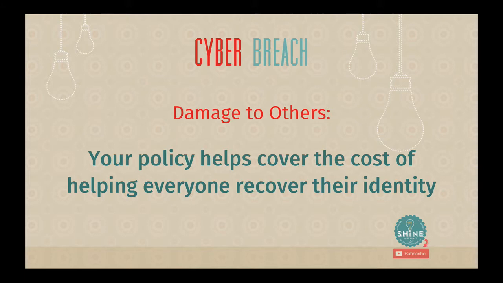We're going to cover some of the costs associated with that. So that's damage to others. Your policy also helps to cover the cost of helping everyone recover their own identity. So there's been quite a few high profile scenarios recently where huge companies like Equifax and others have experienced data breaches.